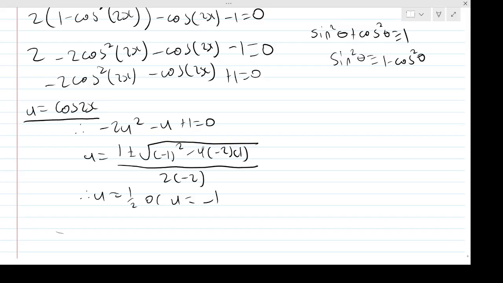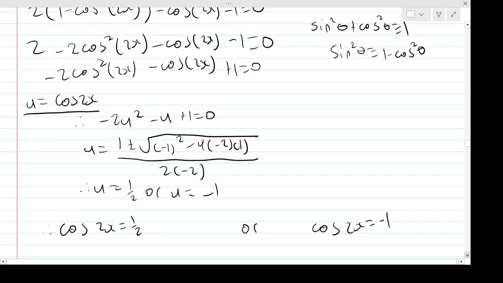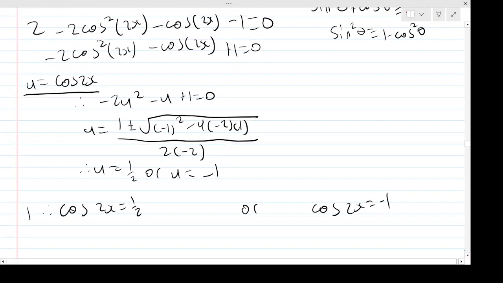Therefore either cos 2x is equal to a half, or cos of 2x is equal to a negative 1. Okay, so those are my two equations, and again we need to solve them separately.